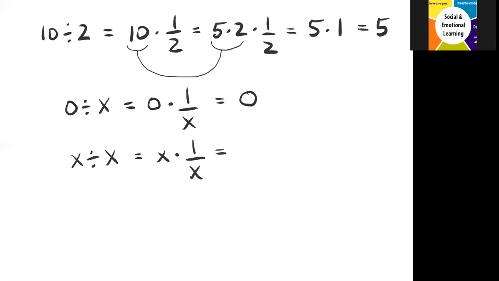One, yeah, because we have x over 1, so it's going to be x over x, and anything divided by itself is 1. Cool.